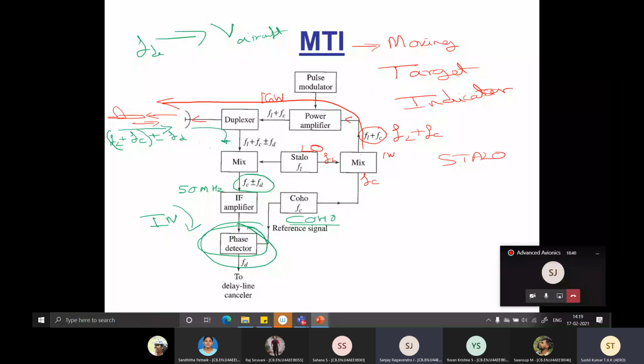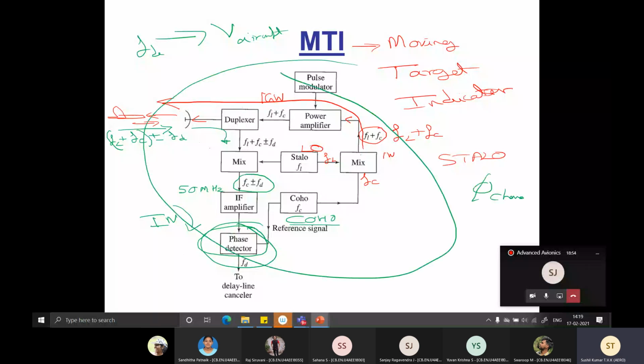Yeah, okay. Now this whole box called MTI is going to tell me about the phase change from the received signal. Now this phase change will be constant for a stationary target and variable for a moving target.